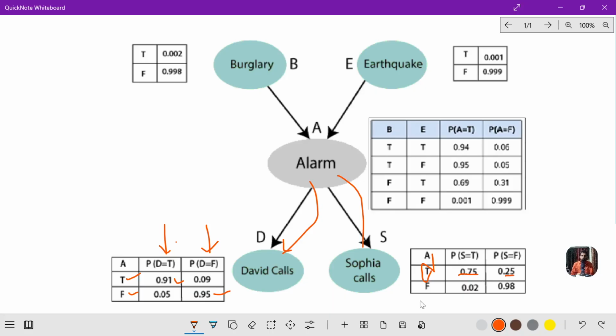That is 0.25. Please remember, all of you, one of the most important points: whatever value you have taken for true, when you go for false, it is just 1 minus that value. So 1 minus 0.75 is equal to 0.25, and 1 minus 0.02 is equal to 0.98.